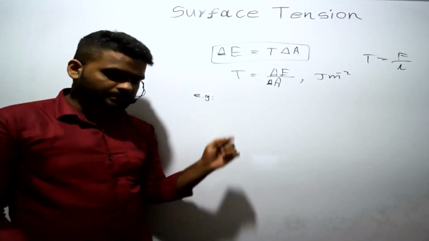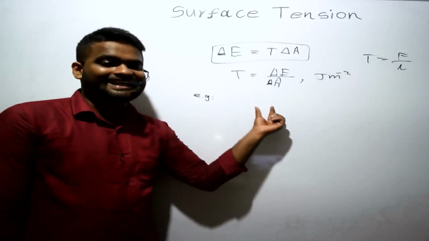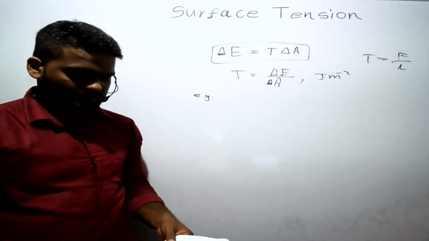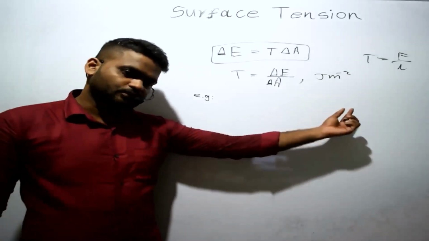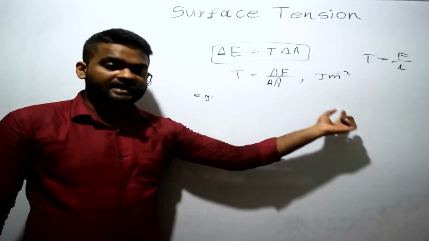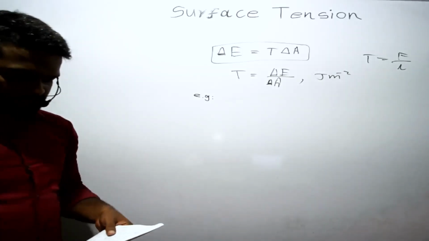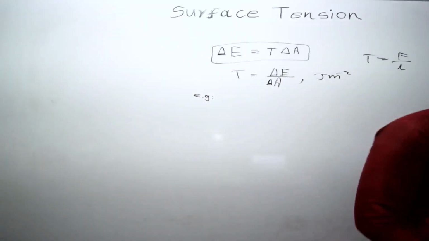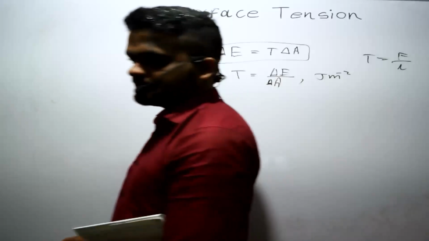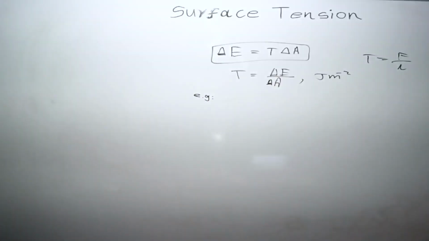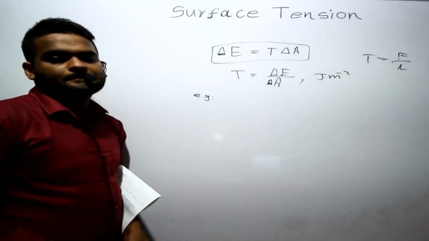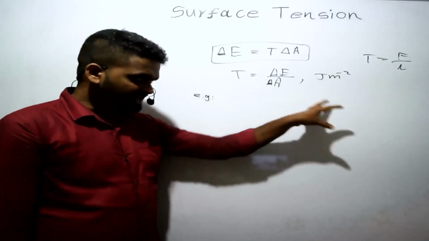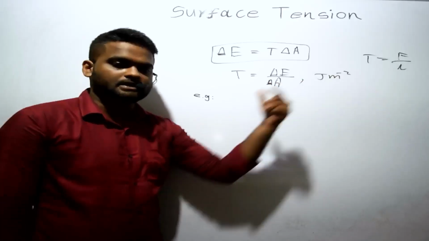Below this write, example: a large liquid drop breaks into small liquid drops isothermally.